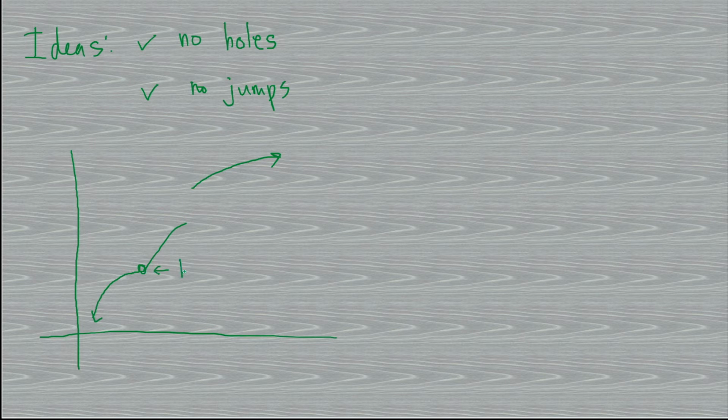So this one here is what we call a hole, and there is a gap from this part up to this part, and this one is what we call a jump. Both this jump and this hole signify discontinuity. So whenever you see a hole or a jump, it means that the graph has a discontinuity.